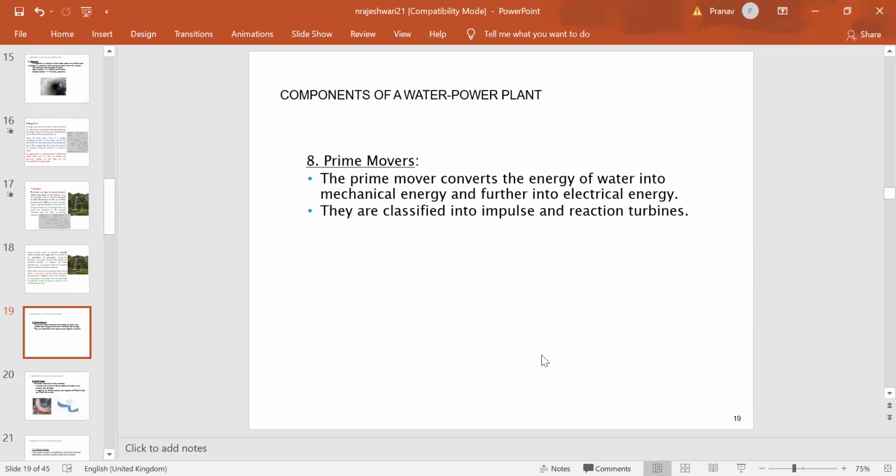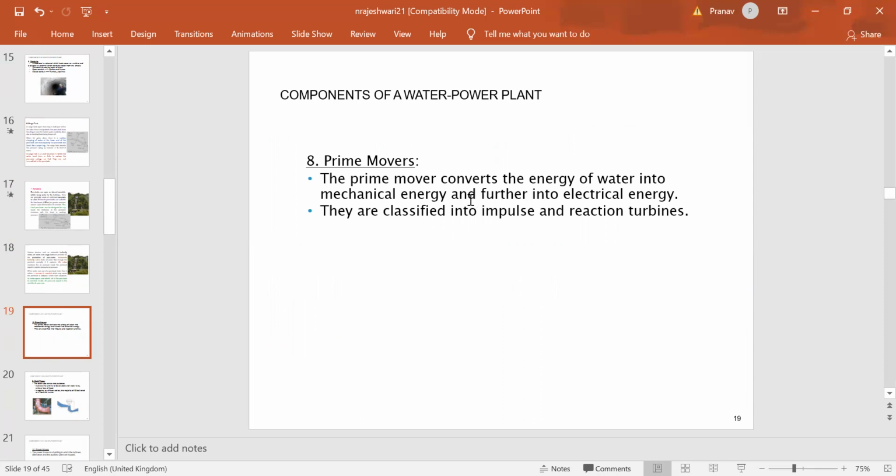And coming to the prime mover. The prime mover converts the energy of water into mechanical energy and further into electrical energy. These are classified into impulse and reaction turbines. The water enters the prime movers, that is, the turbines.